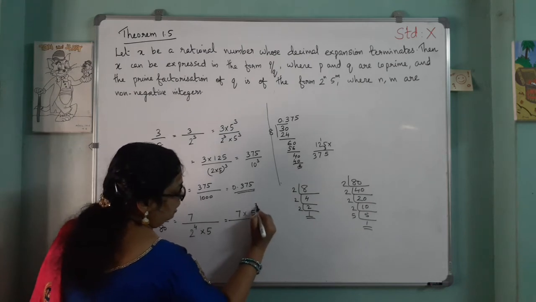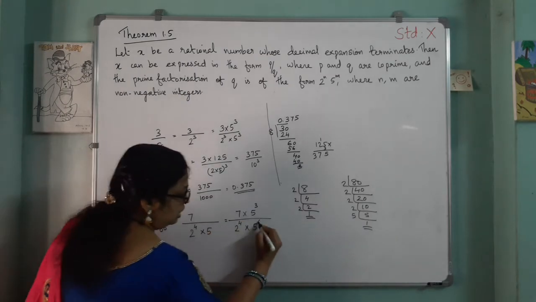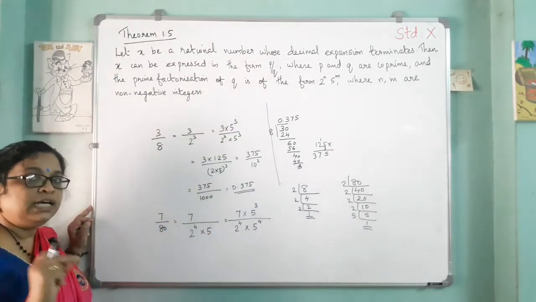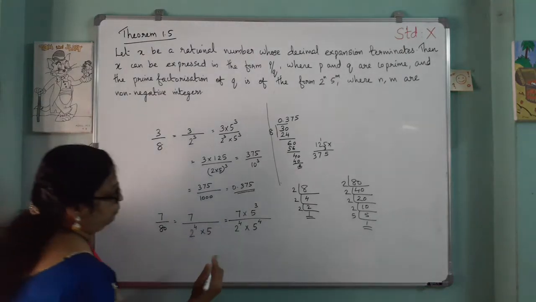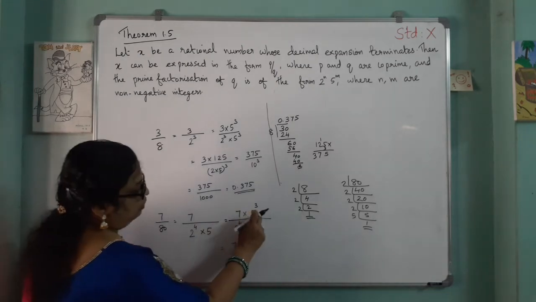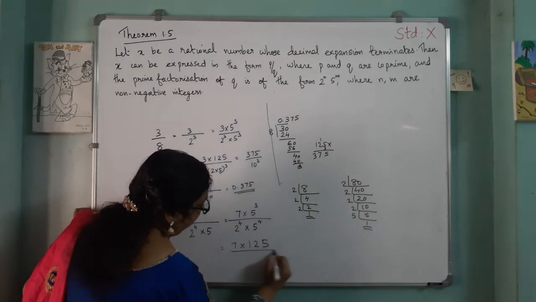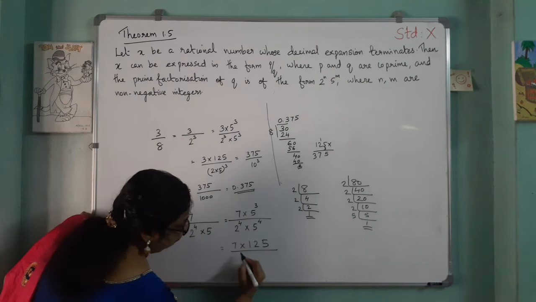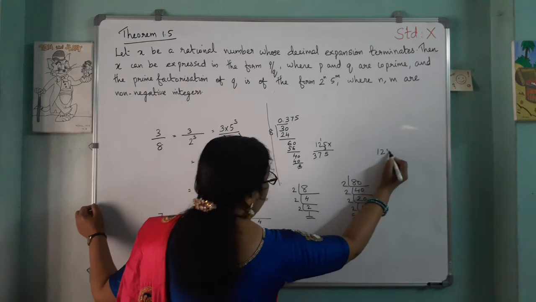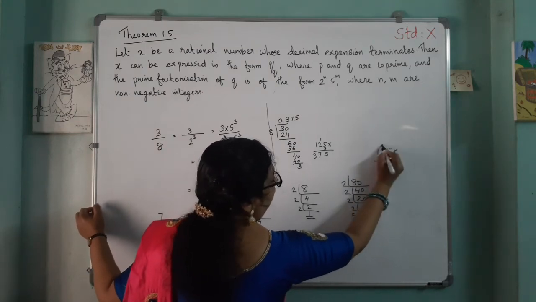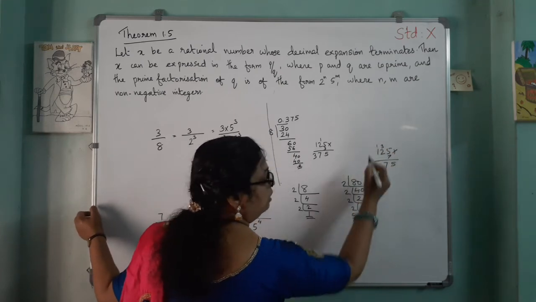So here 7 into 5 cube divided by 2 raised to 4 into 5 into 5 cube, which is 5 raised to 4. a raised to m into a raised to n is a raised to m plus n, so 5 raised to 1 into 5 raised to 3 means 5 raised to 4. 7 into 125: 7 5s are 35, 3 here, 7 2s are 14 plus 3 is 17, 1 here, 7 into 1 is 7 plus 1 is 8.